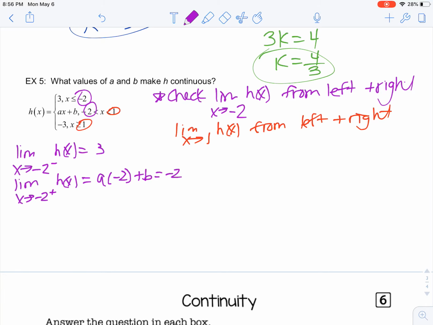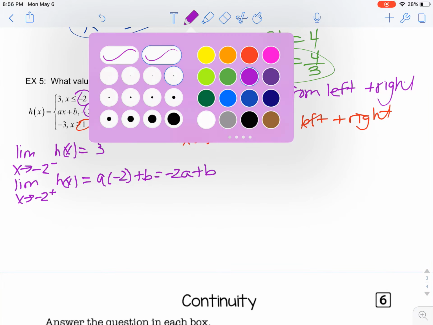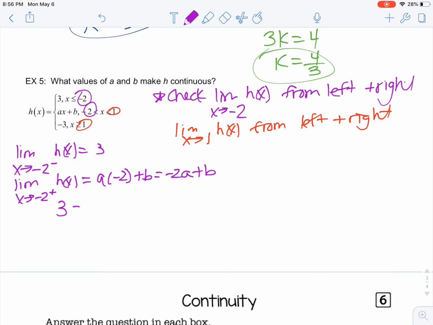So it's going to be negative 2a plus b. So I want 3 to equal negative 2a plus b. All right, I can't solve yet. I have two unknown variables, so let's try to get another equation using the 1.